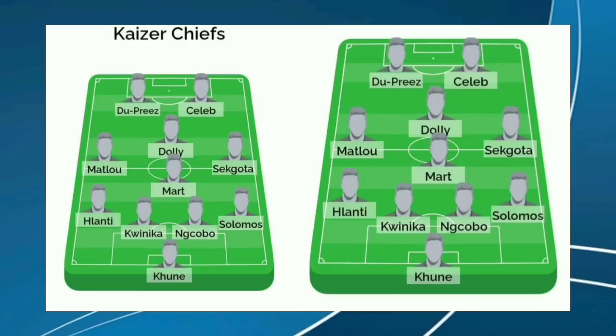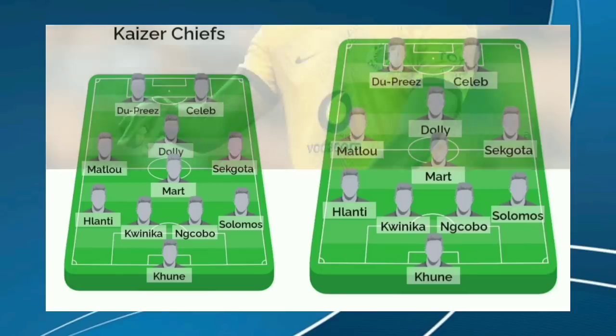And then on the left in the midfield as well, you have George Mutlo. In front of them, you have Keegan Dolly. And then in the striking department, on your right, you've got Caleb. On the left, you've got Dupris. They are placed that way, guys.